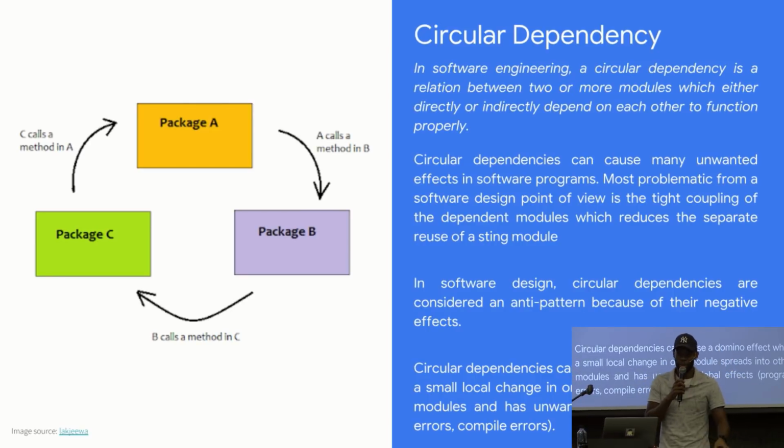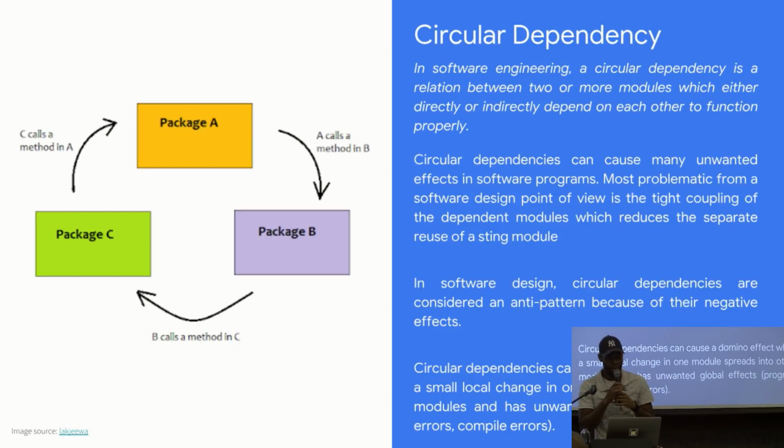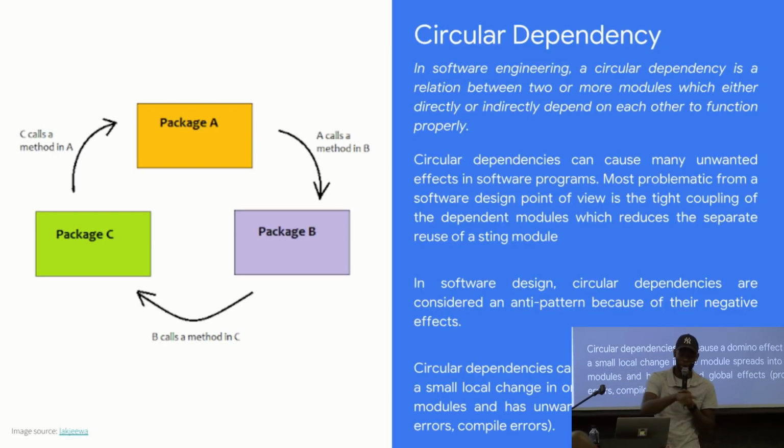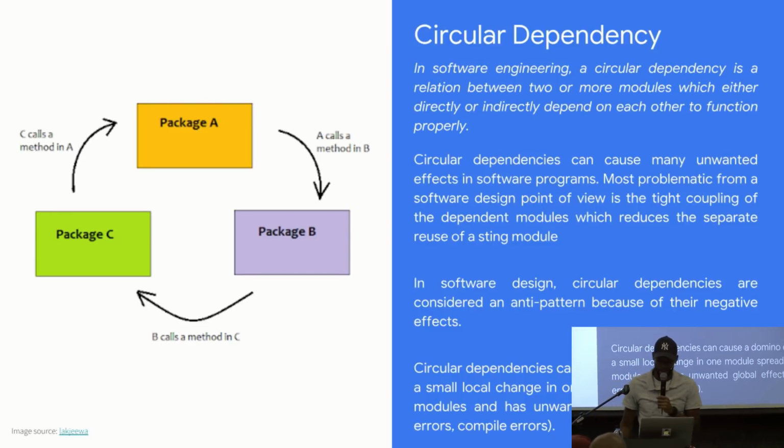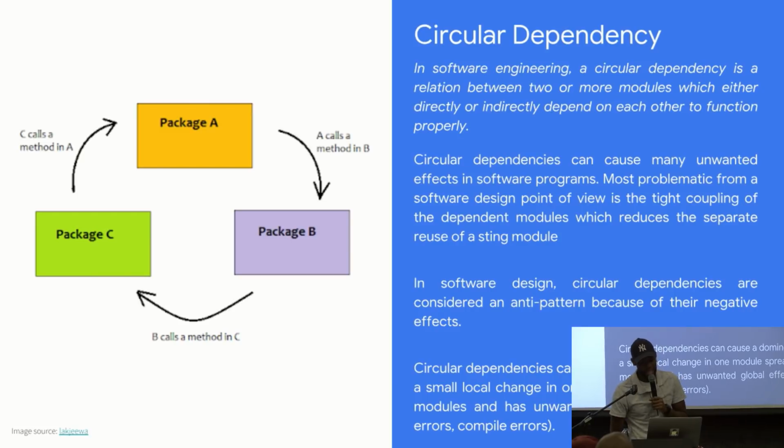So it's very difficult to plug out your repository and plug it onto another application. Hence I mentioned that you shouldn't modularize your app directly from the packages onto modules. As well, and again in software design, circular dependencies are considered an anti-pattern with a negative effect.